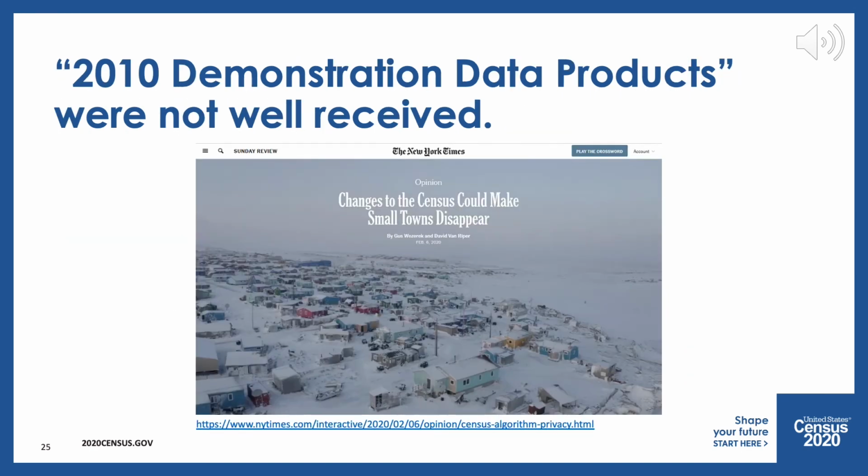Now, a lot of the data users voiced concerns, and that was the subject of some articles in the popular media. In general, the 2010 demonstration data products were not well received. Our data users thought that differential privacy was introducing too much error into the data products.